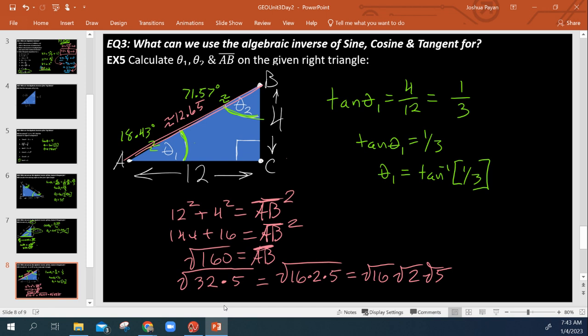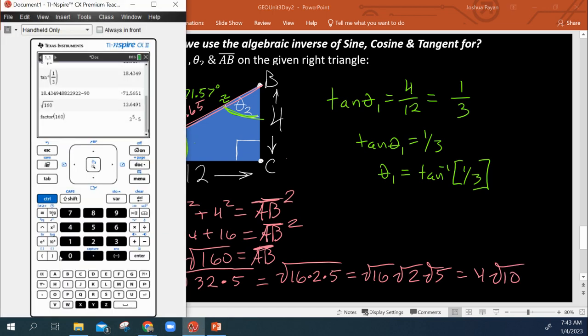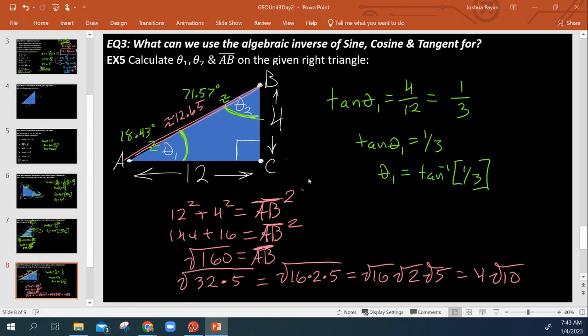All that said and done is going to give us 4 square root of 10. And if I chuck that in the calculator, 4 square root of 10, okay, we see that we get the exact same number here as we did here. Okay, so this would be a precise answer. Not going to be too picky about that, though.